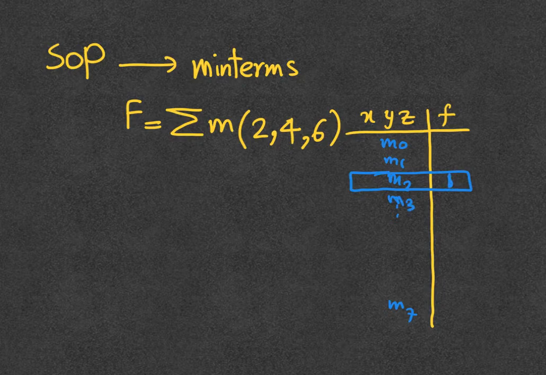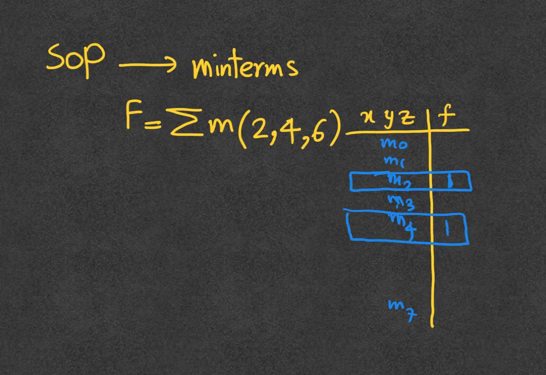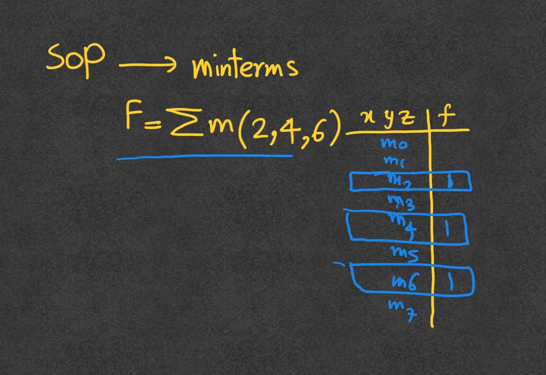Then m4, this row is going to have an output 1. And also m6 is going to have an output 1. So that's another way to show SOP. You put the summation, that's the sum of the product of these min terms.